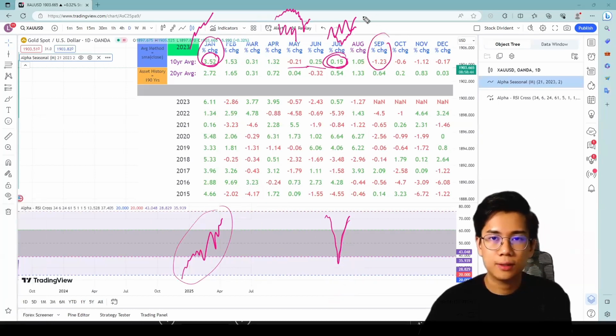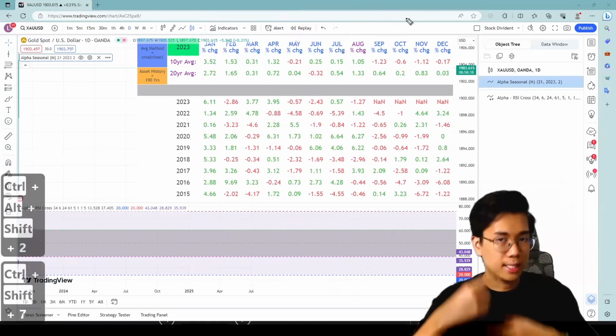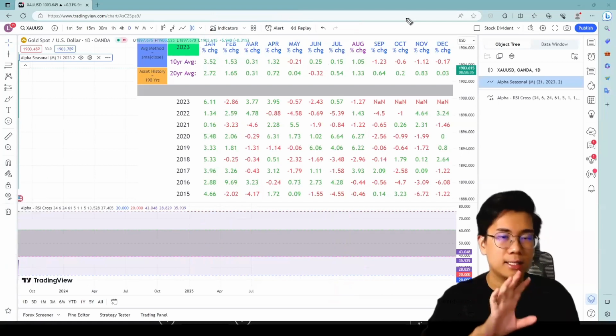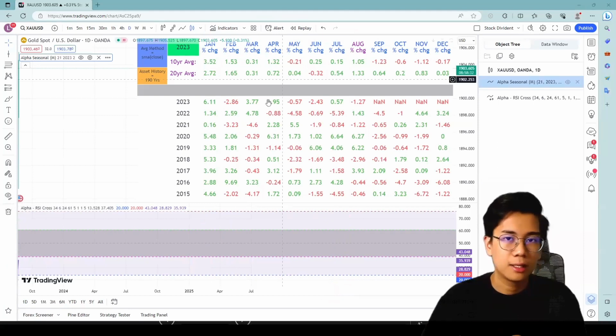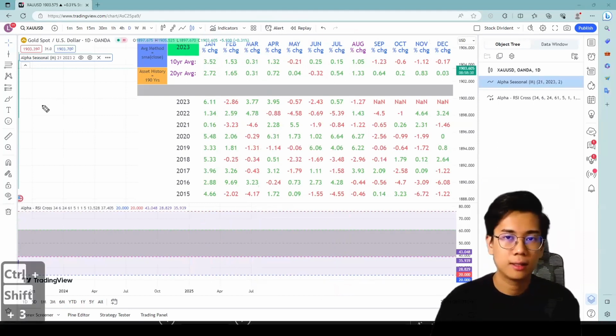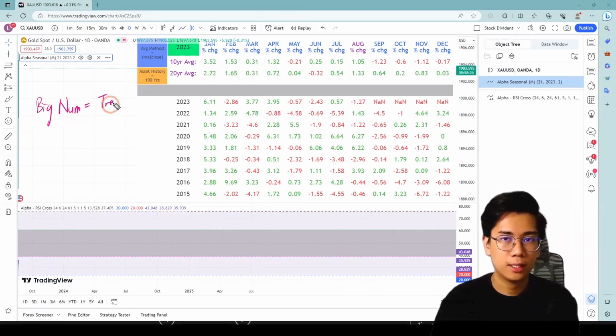September also follows the same logic. Super one-sided move, like this. Okay? So that is the logic behind it, and you can see whether it will be trending or ranging. In short, a big number equals trending, a small number equals range.